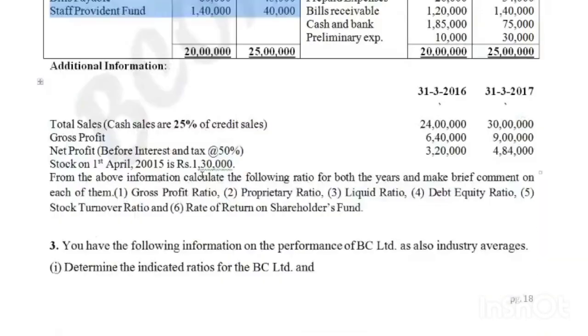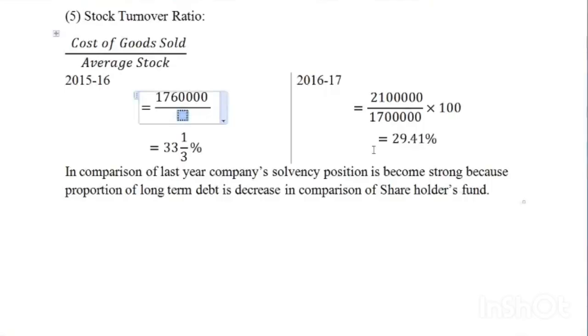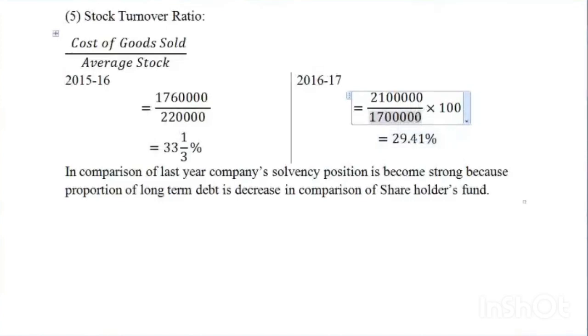Here opening stock is given as 1 lakh 30,000 and closing stock is 3 lakh 10,000. So make the total of this and divide by 2. 130 plus 310 divided by 2 is 2 lakh 20,000. In the second year, it is 3 lakh 10,000 plus 2 lakh 90,000 divided by 2, which is 3 lakh.